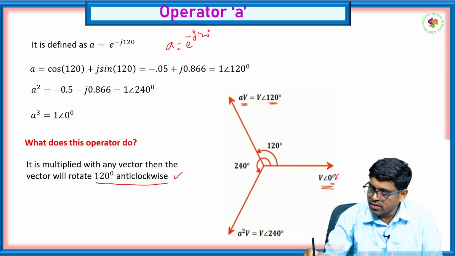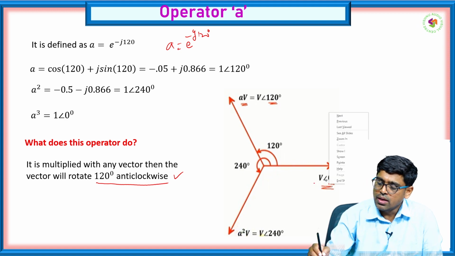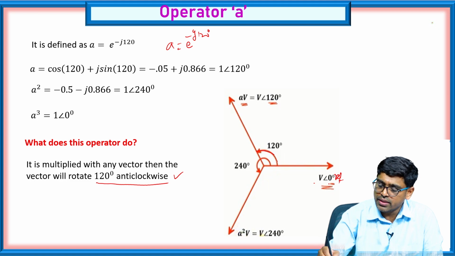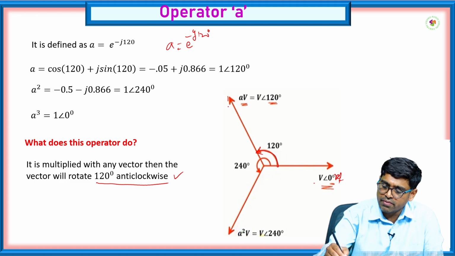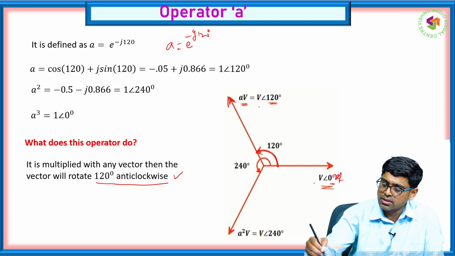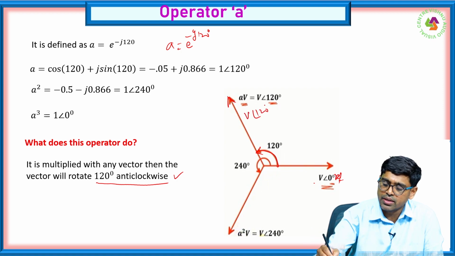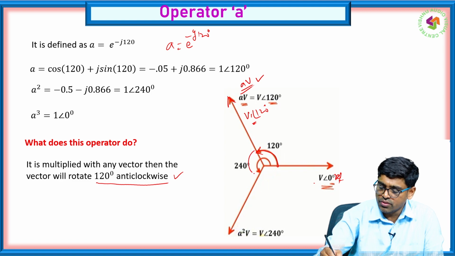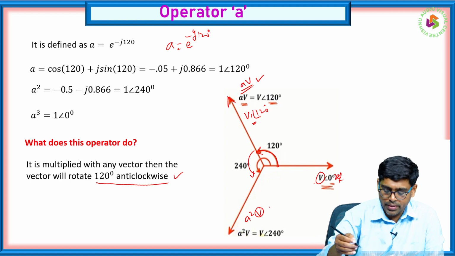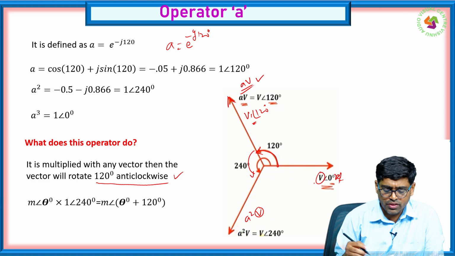Suppose this is the reference, V at an angle 0. To represent the vector at 120 degrees with respect to this one, it is V at an angle of 120 degrees, which means 1 at angle 120 degrees times V, that is A times V. Similarly, 240 degrees means another 120, so it is A square times V. So V is the reference, and it rotates with respect to the operator A by 120 degrees.